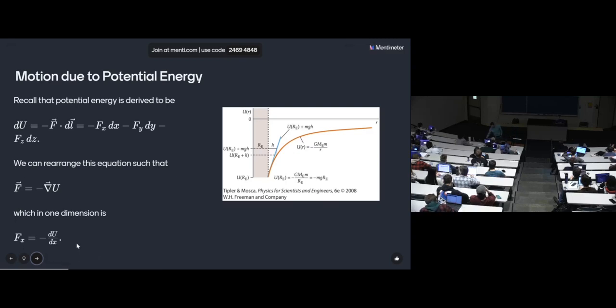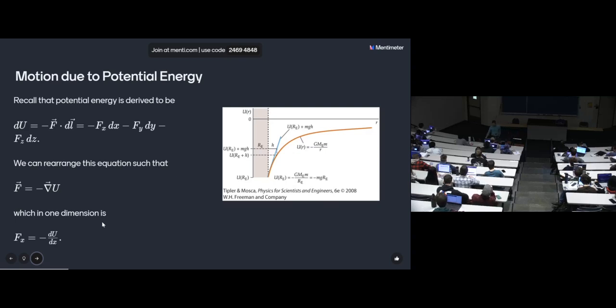What I want you to remember is that for a force that is conservative, meaning that we can associate a potential energy to that force, if you want to know what the force is at any position in the x direction, then that's going to be equal to the negative derivative of the potential with respect to the position.